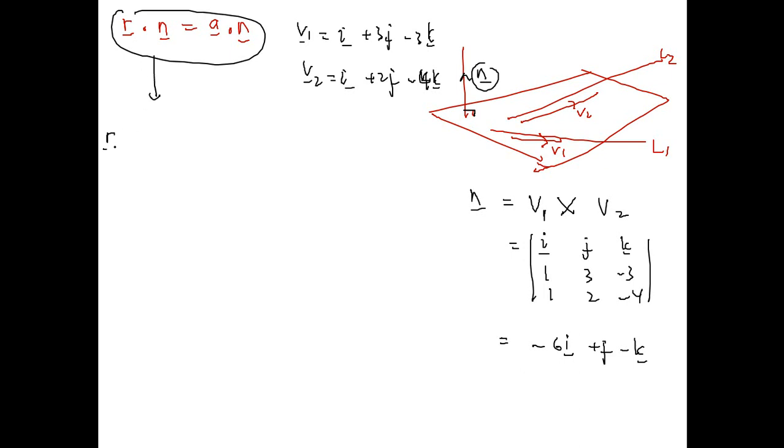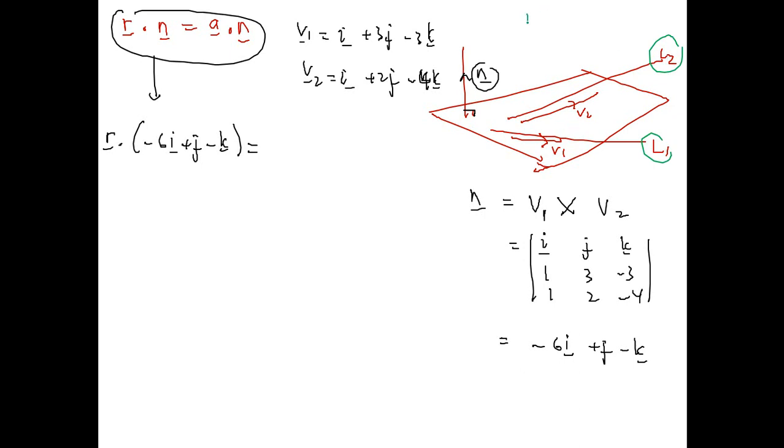Now we already have n. Substitute r dot n: negative 6i plus j minus k is equal to, okay, the problem now is to get A. A is a point which lies on the plane. Here A is not given, but L2 and L1 lie on the plane.